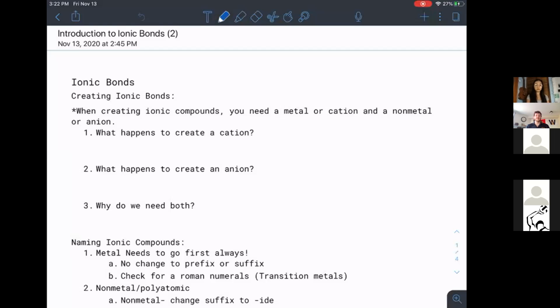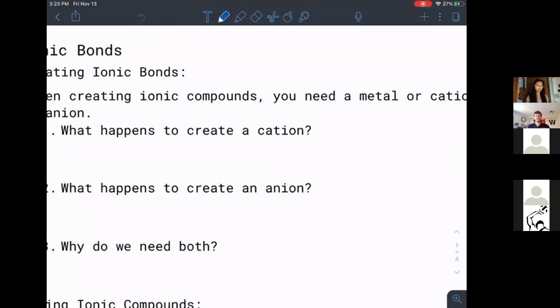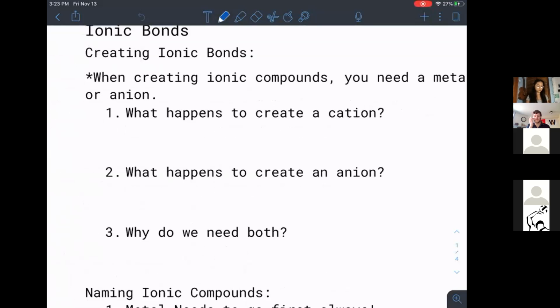When we're looking at ionic bonds, we need to remember that ionic bonds are created when you take a metal, or a cation, and a non-metal, an anion, and you put them together. So the bond is formed. Can you remind me, how do you create a cation? Or what is a cation?